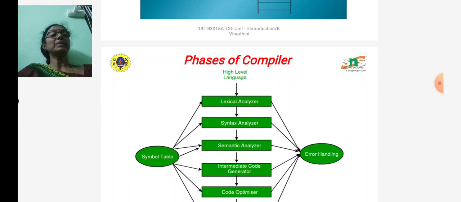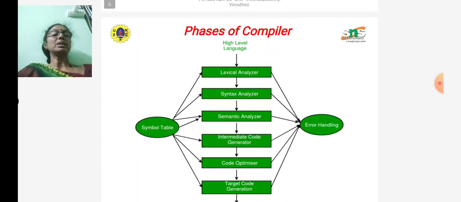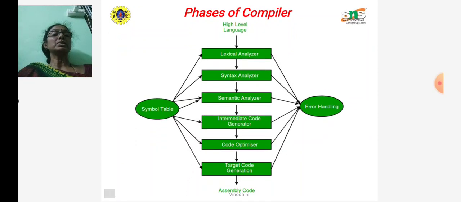We have 6 phases: lexical analyzer, syntax analyzer, semantic analyzer, intermediate code generator, code optimizer, and target code generation. The output of the target code generation is the assembly code. For all 6 phases we have a symbol table and error handling functionality. That will be shown in detail in the upcoming lecture series.